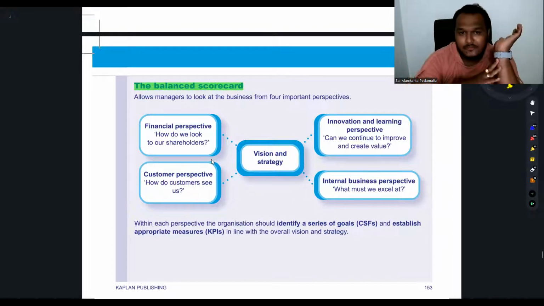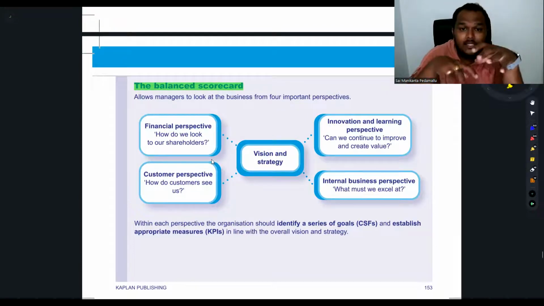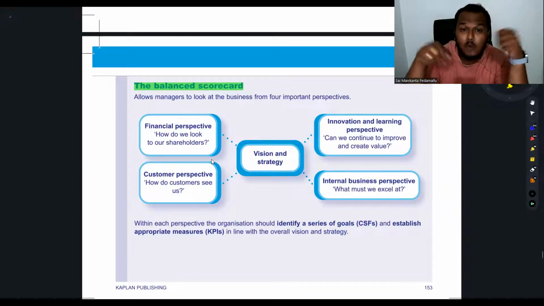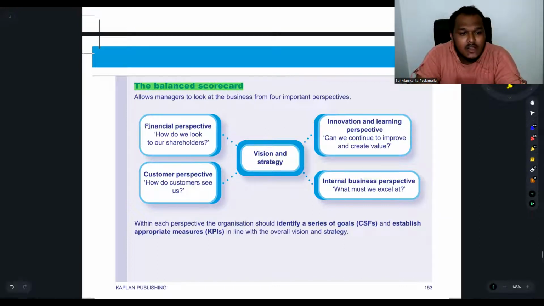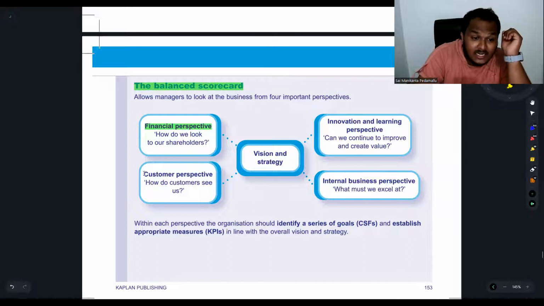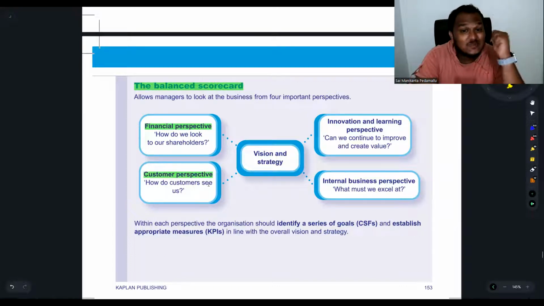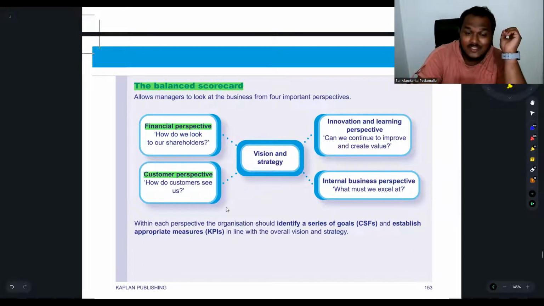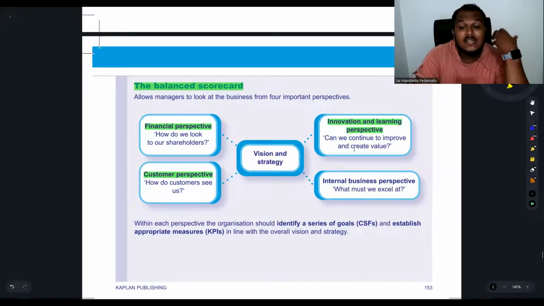But balanced scorecard gives a more holistic picture. So what are the 4 factors? From the financial perspective, how is it looking to our shareholders? From the customer perspective, are customers really satisfied with our product? Then the innovation and learning perspective.